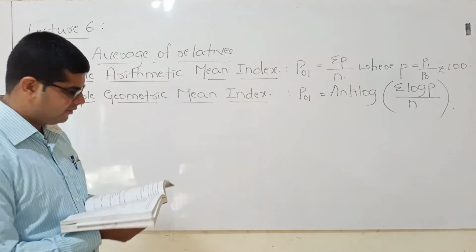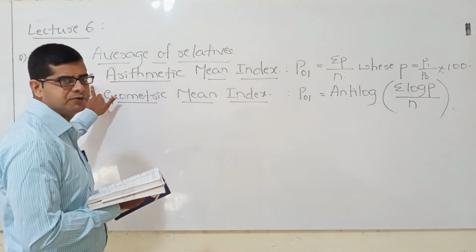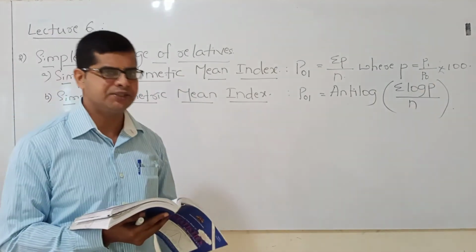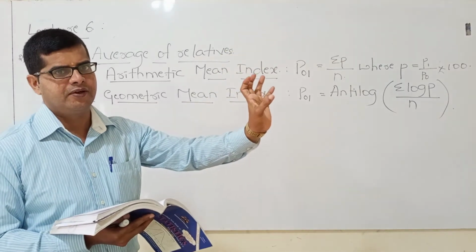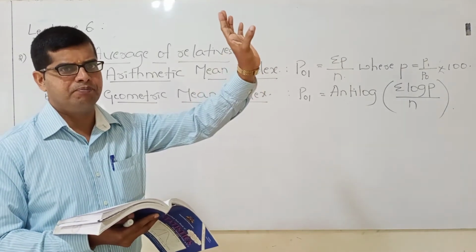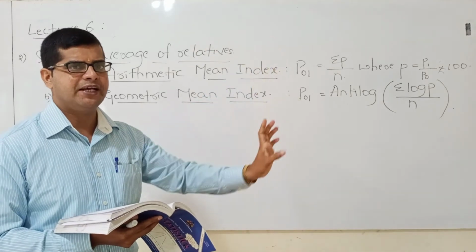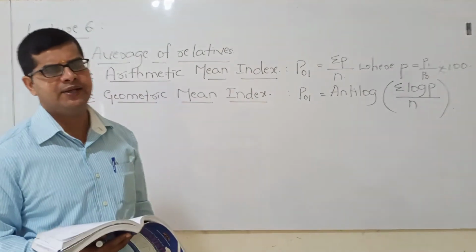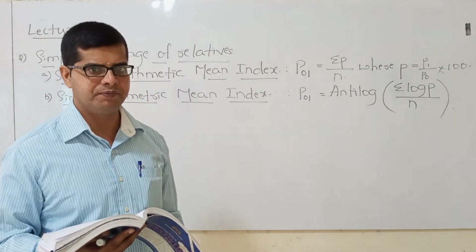Simple arithmetic mean index as well as unweighted arithmetic mean index, both are one and the same, because we are still in the first heading, the first type of methods of constructing index numbers, that is unweighted price index numbers.